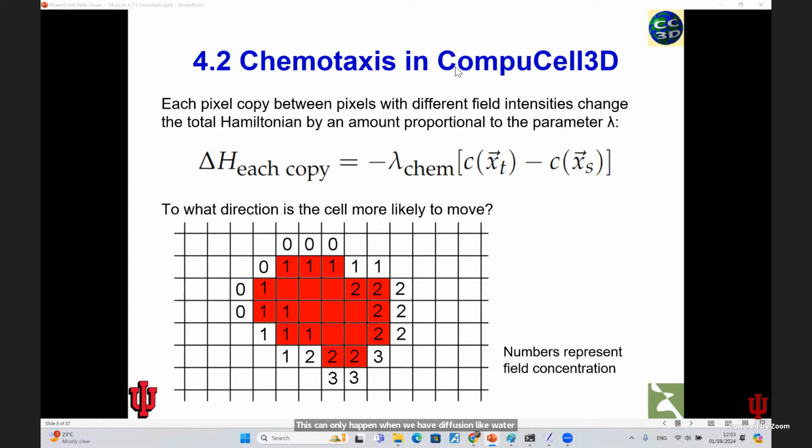But when we talk about cytokines, the concentration inside the cell is zero, so that the cell really can sense where to go. And when we look at this picture, the difference between 2 and 3 is 1, as well as the difference between 1 and 2. So the cell here in this case does not know where is the highest concentration, right?